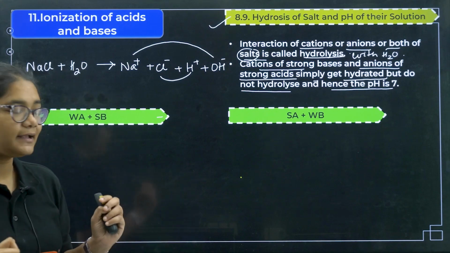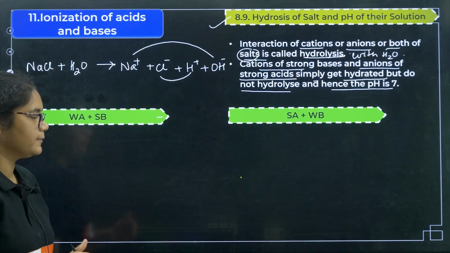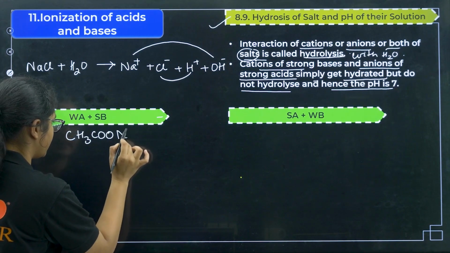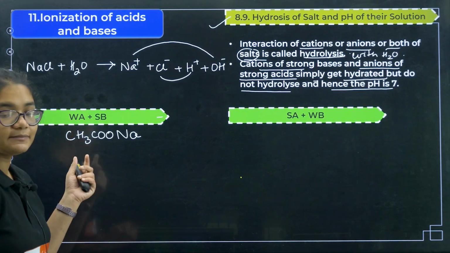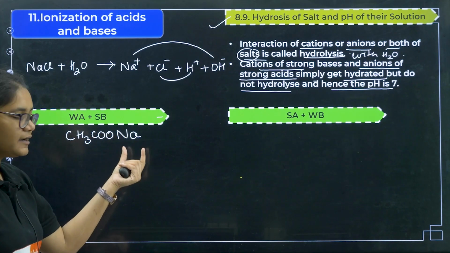Now let us take the example of a weak acid and strong base. Once I take this example, it will be more clear. So I can take a salt of CH3COONa. If you think, this salt is made up of CH3COOH and NaOH, right, a weak acid and a strong base.